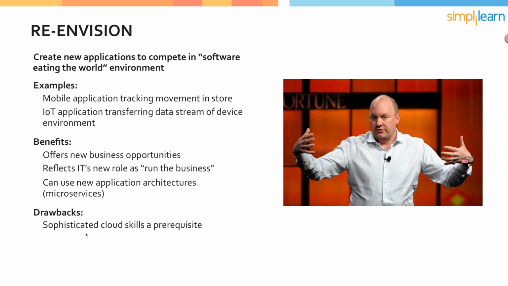They smartened up their box making device so they could get better uptime and so forth. The benefits are it offers new business opportunities. Tetra Pak is able to work better with its customers, make its customers more profitable, make them happier, raise customer satisfaction and so forth.